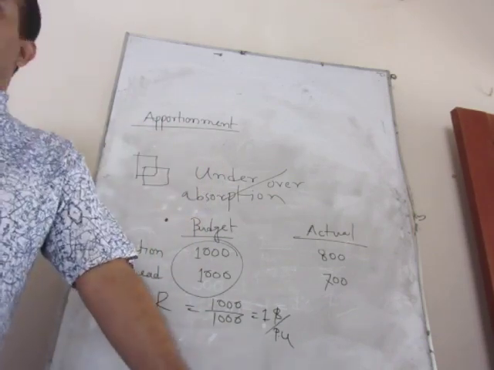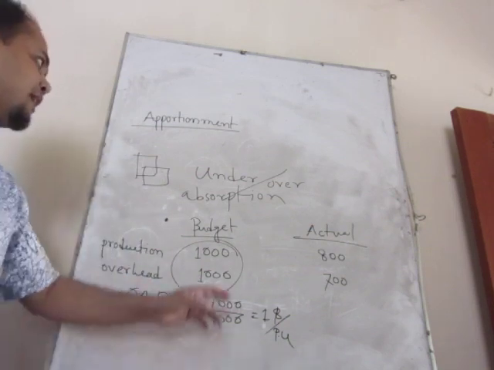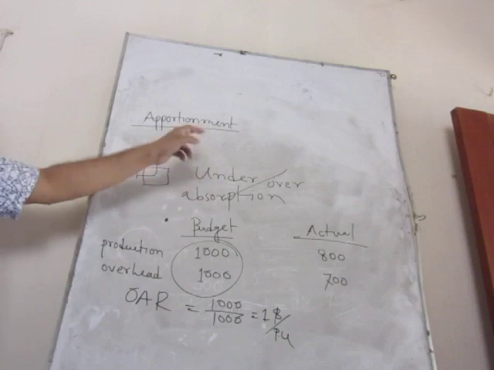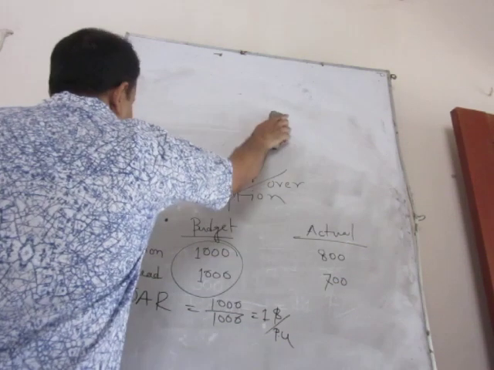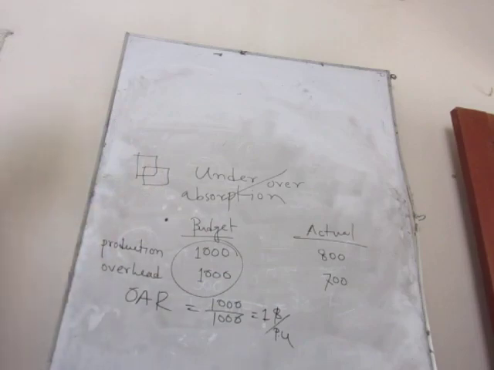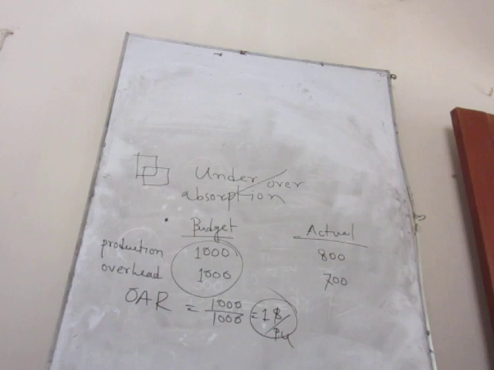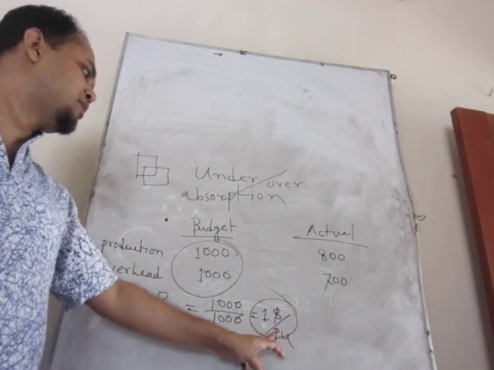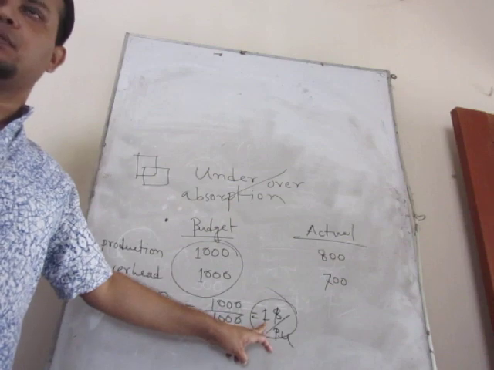Actual may not be the same, or actual may be different. So we have to find out the under over. What do you mean by this? So you are budgeting that when you produce each individual unit it will absorb $1 overhead or indirect cost.